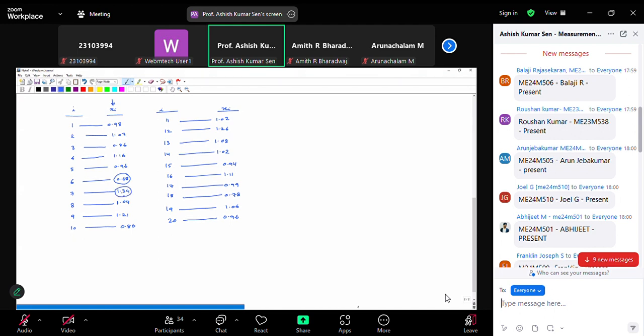All the values lie within this range. Now, if I plot this data in a horizontal bar plot, and I pick my scale in equal intervals, 0.65, 0.75, 0.85.